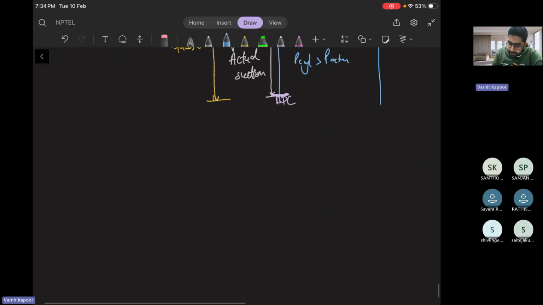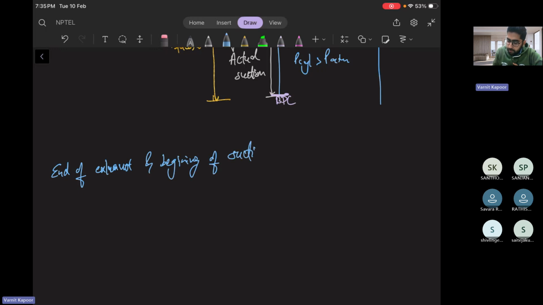So let me write this heading as end of exhaust and beginning of suction.